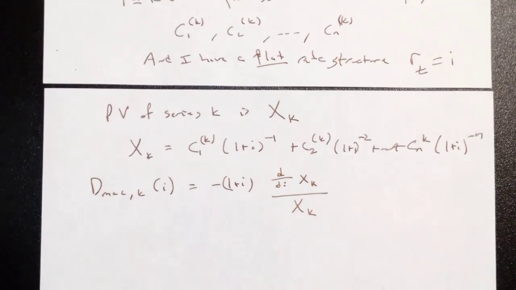I'll even use the version we used with the modified duration. Since I want the Macaulay duration, I'll multiply by 1 plus I. The minus sign is there to account for the fact that in the modified duration, there's a minus sign as well.